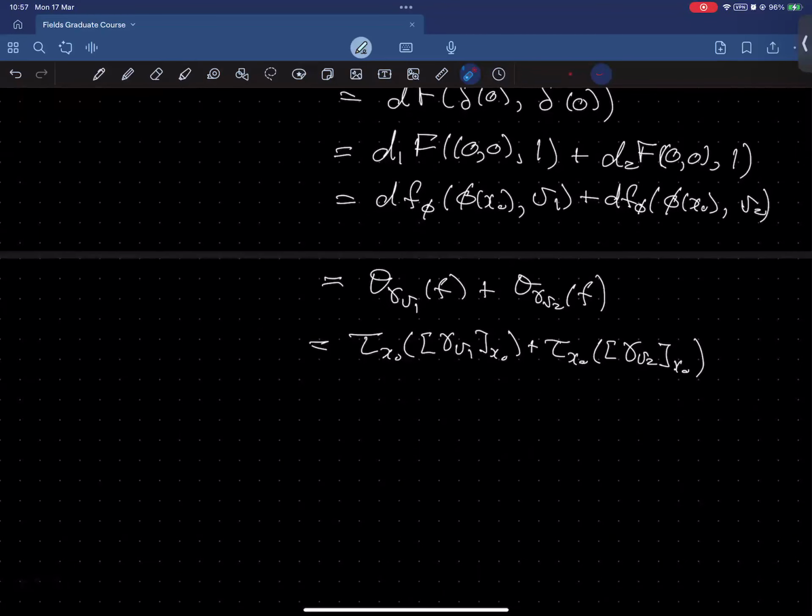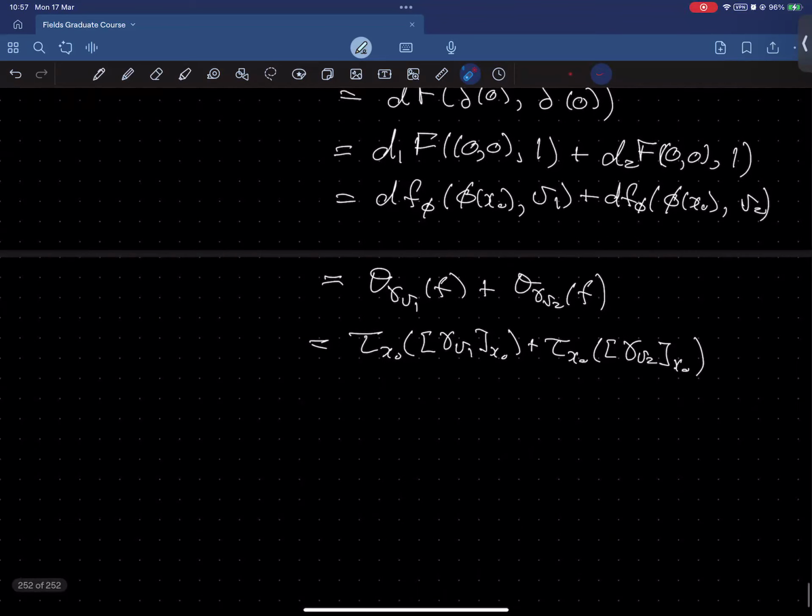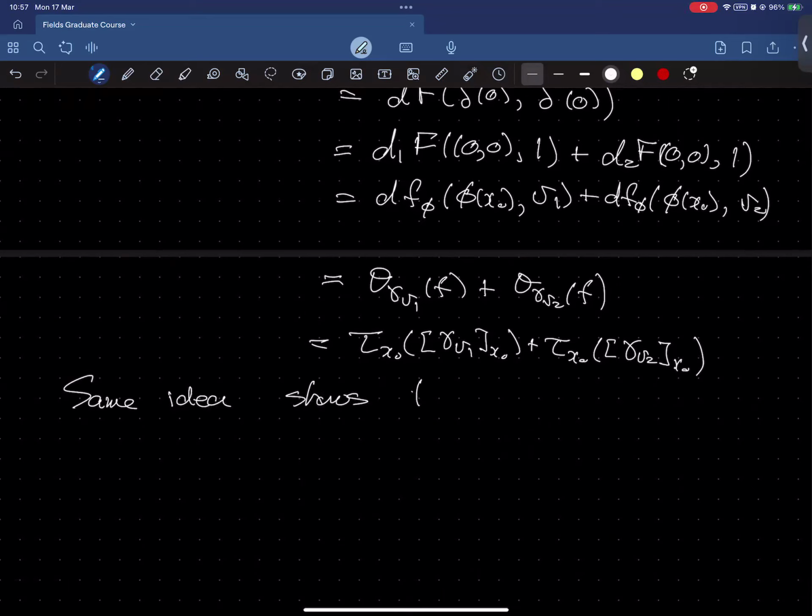That's how you prove linearity with respect to addition, and the same kind of construction holds for scalar multiplication. The same idea shows that tau x naught of gamma a v is equal to a times tau x naught of gamma v.